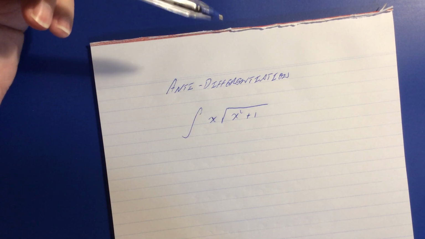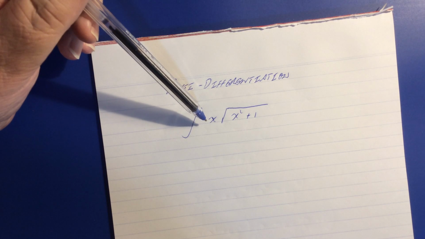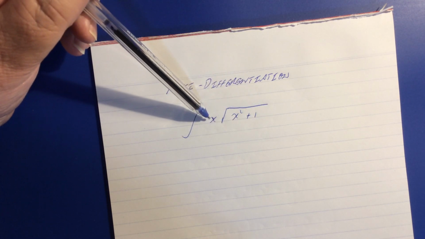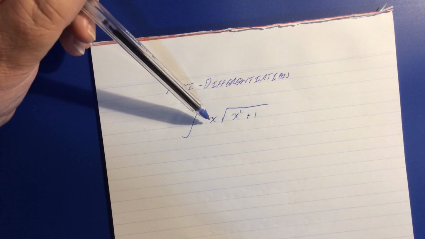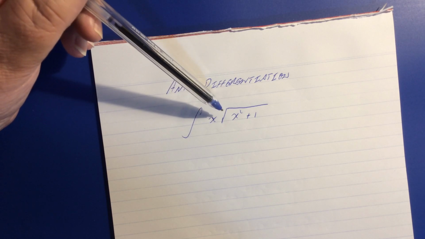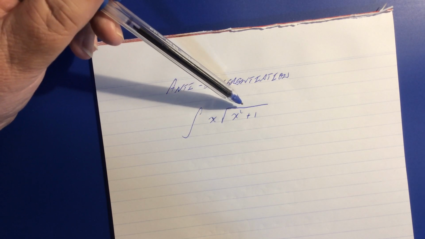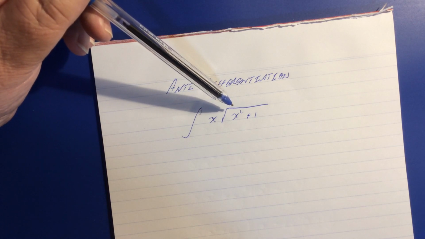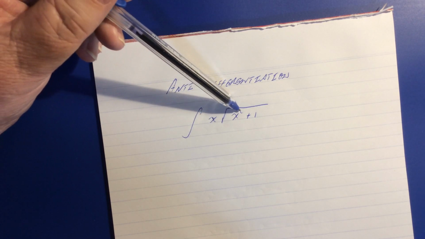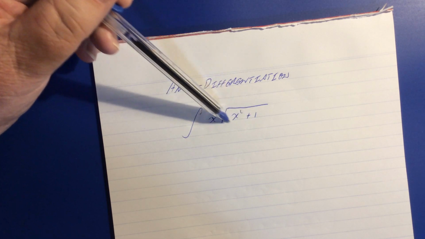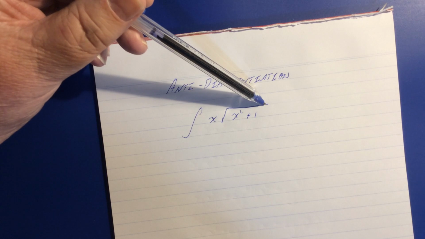And it pays to have a really good look at this and consider how it got into this form. To me, this looks like it is the result of some work using the chain rule, and that this expression here was raised to a power of maybe 3 over 2, because we have this as a power of a half.